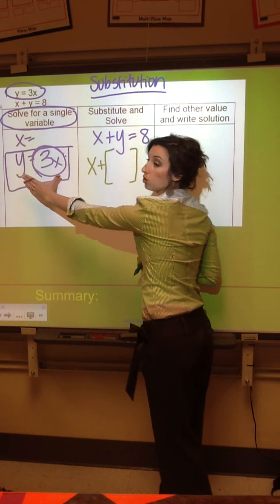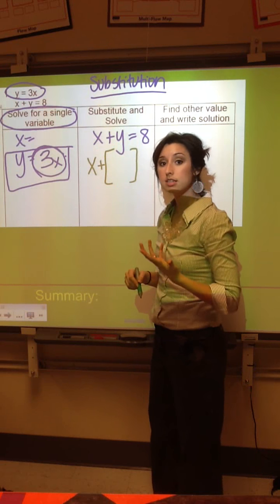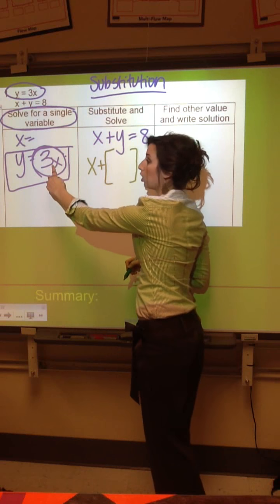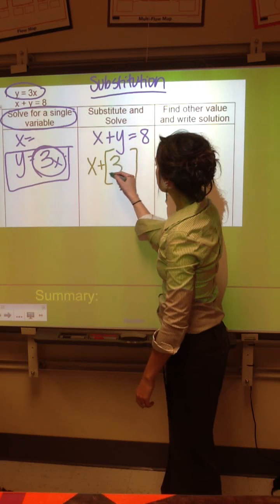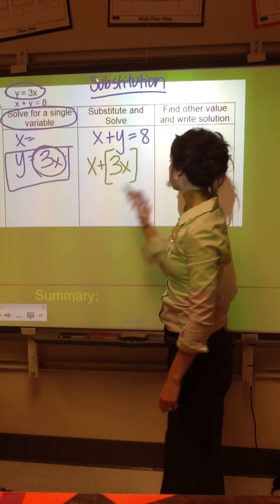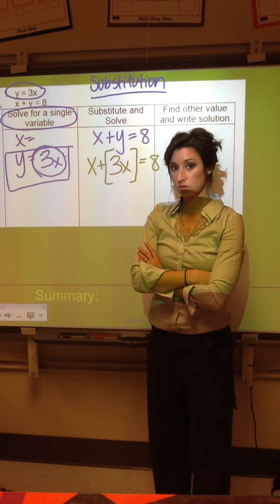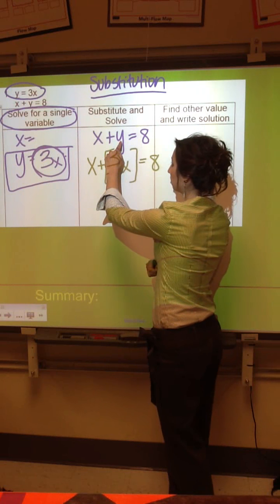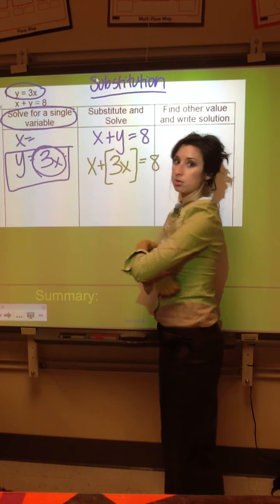My new number for y is not y anymore. I am replacing it, or substituting it, with this situation. x plus 3x equals 8. And I don't want anybody to be confused. It was y, and because y is 3x, I can put 3x.